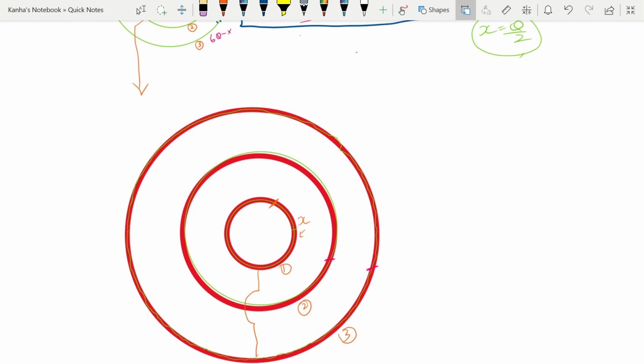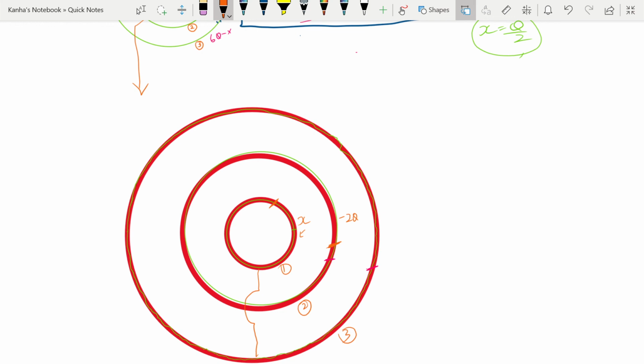Now what about the second one? There is a charge of minus 2q given in the question on this surface. Now if I consider the second Gaussian surface, the net charge inside should be how much? It should be equal to 0.